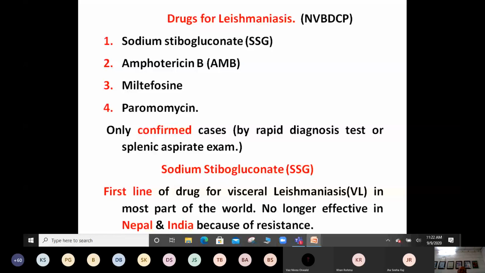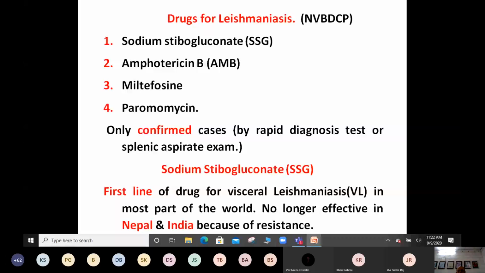Now you cannot treat this Leishmaniasis blindly. You cannot guess and treat it. Only confirmed cases, because these drugs are toxic, number 1. Number 2, they should be given for a longer period of time, weeks together or months together. They are toxic, so that's why only confirmed cases of Leishmaniasis. How are you going to confirm them?